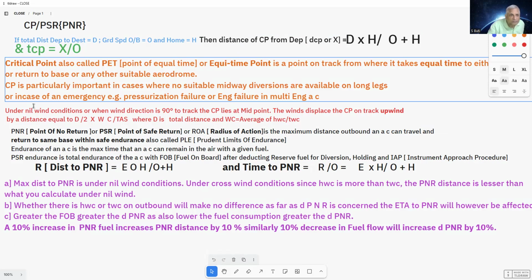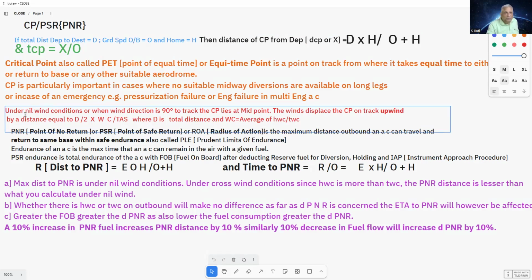Now, under nil wind conditions, or when the wind direction is 90 degrees to the track, the critical point lies at midpoint. If there are winds, the critical point will get displaced from the midpoint upwind. That means from the direction from where the wind is coming. If it is coming from front, headwind, it will shift toward destination.